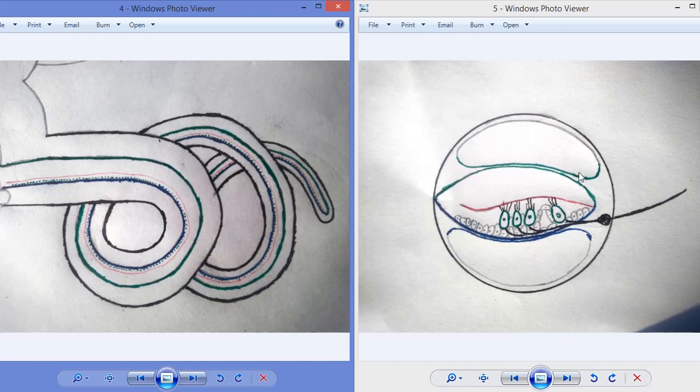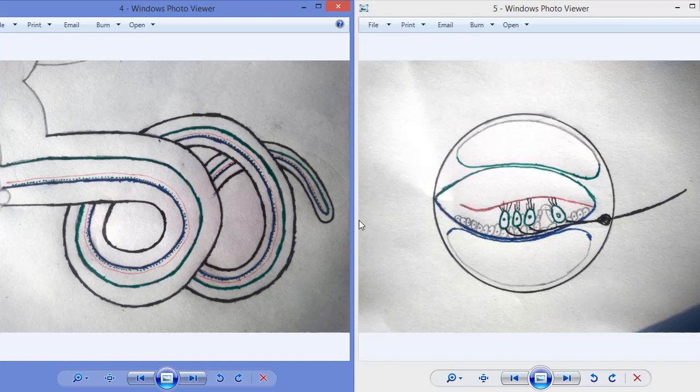This vestibular membrane is represented in green color over here. Now the third one, this layer, is the basilar membrane. The blue color membrane is the basilar membrane. This basilar membrane separates the scala media from the scala tympani.